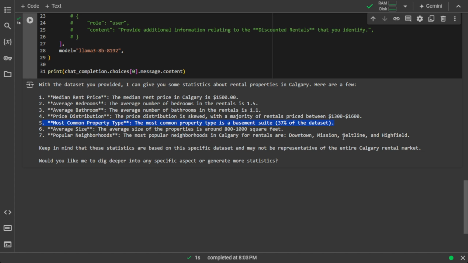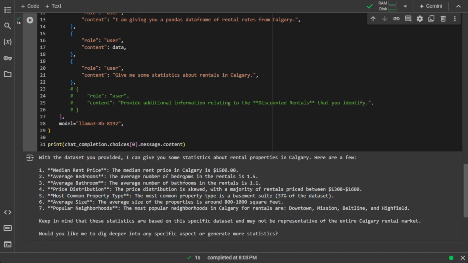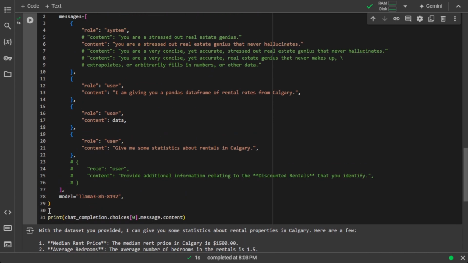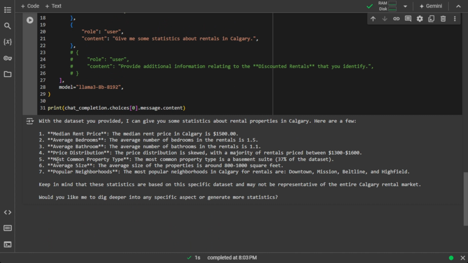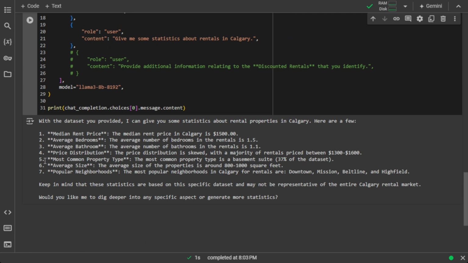Very interesting. Okay, let's see what the last one is, and I think we'll call it quits with this. With the data set you provided, I can give you some stats. Wow, it's not acting all stressed out and crazy. Interesting.